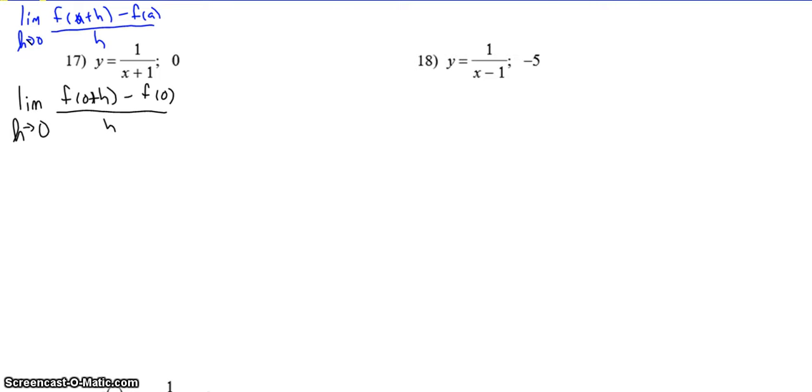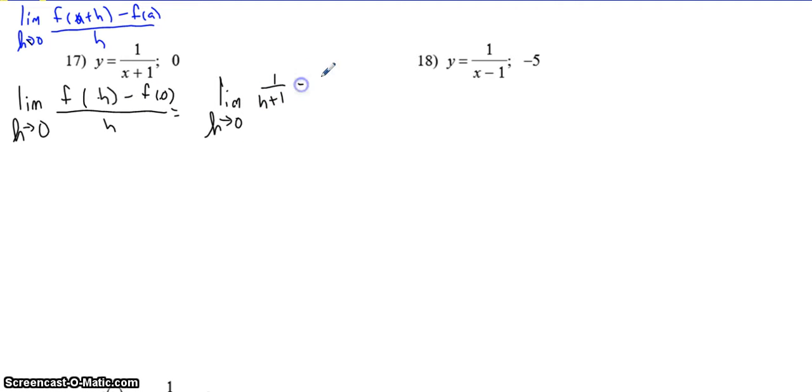Actually, no, because f of 0 plus h ends up being f of h, which is okay. We don't mind doing that. For some reason, I had a scarecrow moment thinking that was f of 0. So, plug in h for x. Still a limit. As h goes to 0 of 1 over h plus 1.